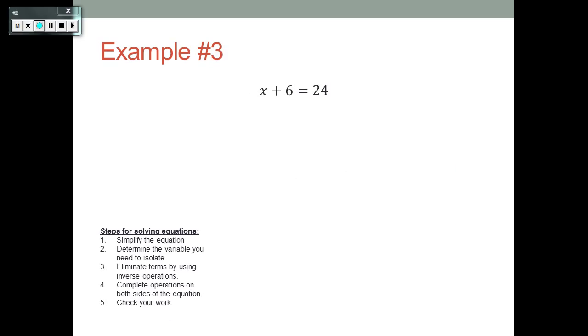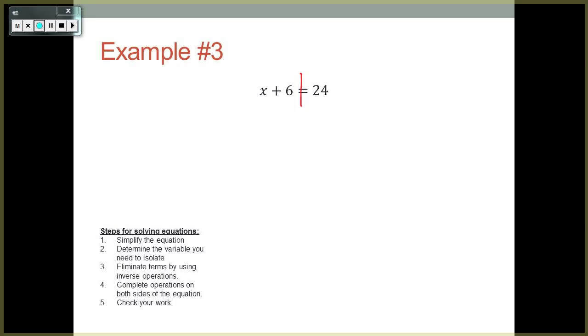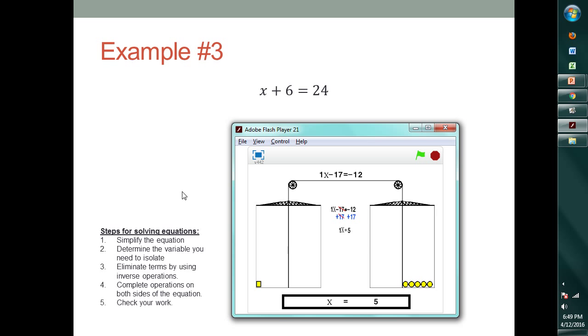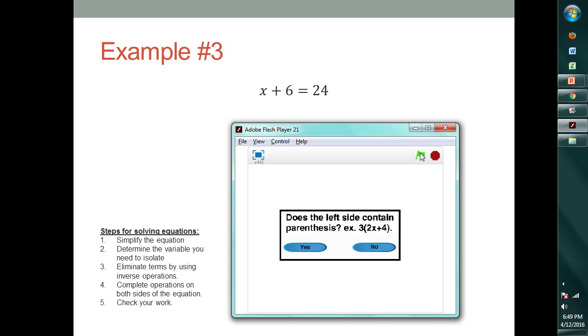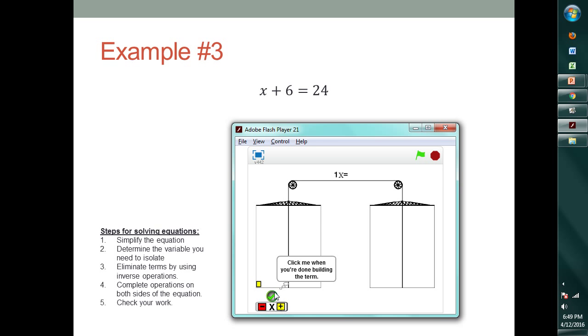All right, let's look at our next example here. X plus 6 equals 24. Again, if I divide my left and right side, I see that my variable's first, followed by another term, 6, and I have 24 on my right side. So we'll bring up our application again. I'll click my green flag to clear it. Follow my questions: no parentheses, no division. Yes, it has a variable.